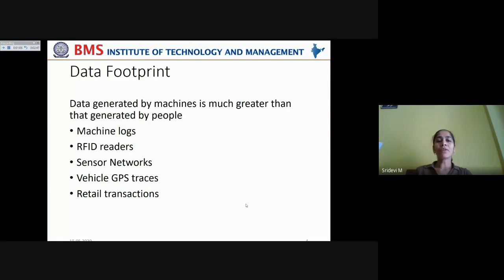And even RFID readers are deployed everywhere, right? When you go to a mall, you go to the parking, and it generates a slip for you in order to keep track of the parking time and accordingly give you the bill.